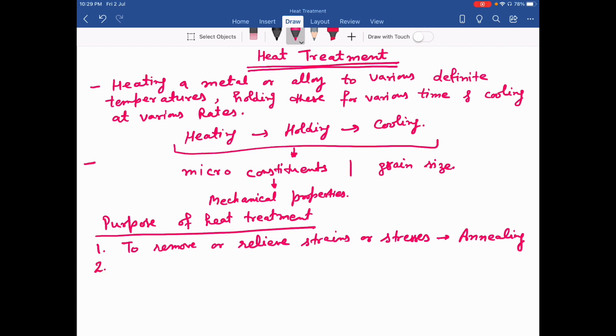The second purpose of heat treatment is to increase the strength of the material or the hardness of the material. Okay, so this improved hardness result in wear resistance, that shows improved wear resistance. Okay, so this we can do with the process named as hardening.